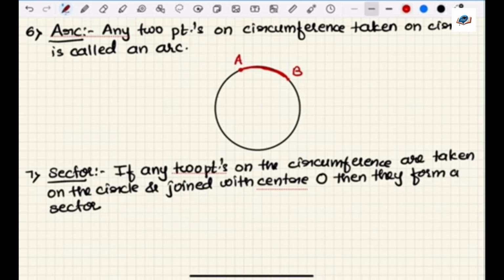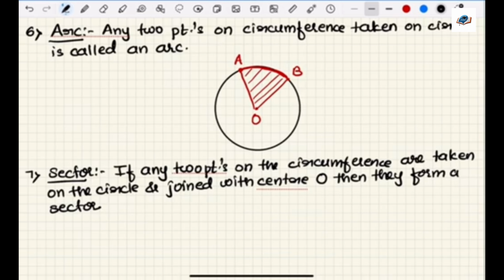Here, if I want to show the sector, I can say if this is my center O and I join OB and OA. So OB and OA are the radius of the circle. So the shaded part is nothing but my sector.